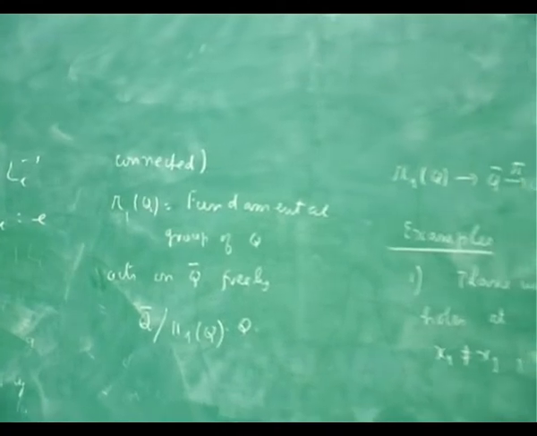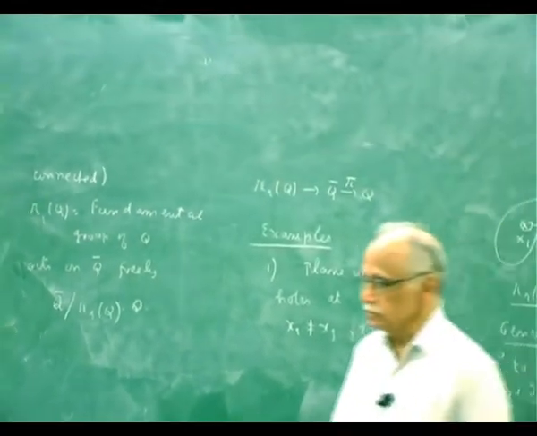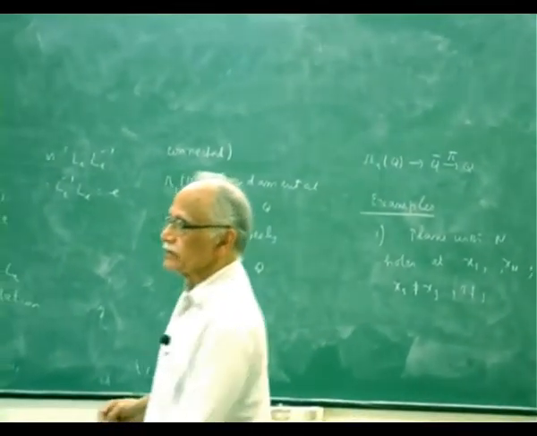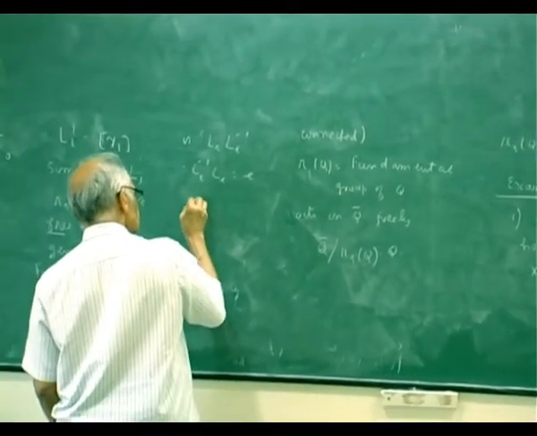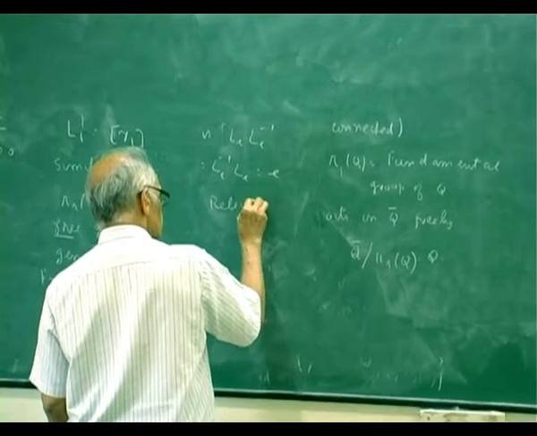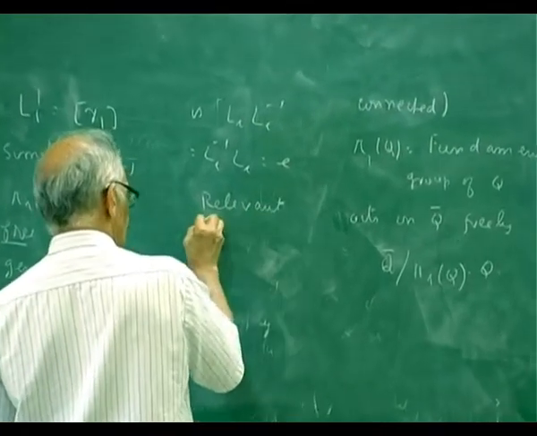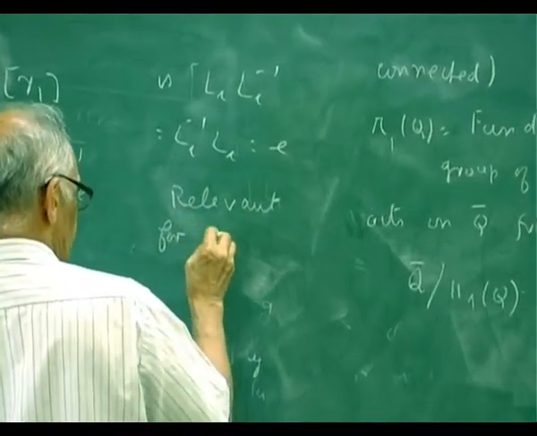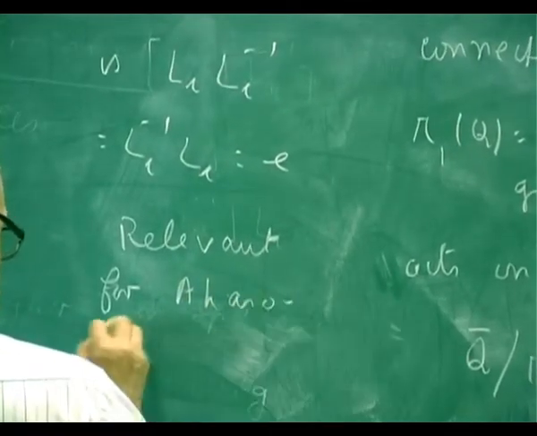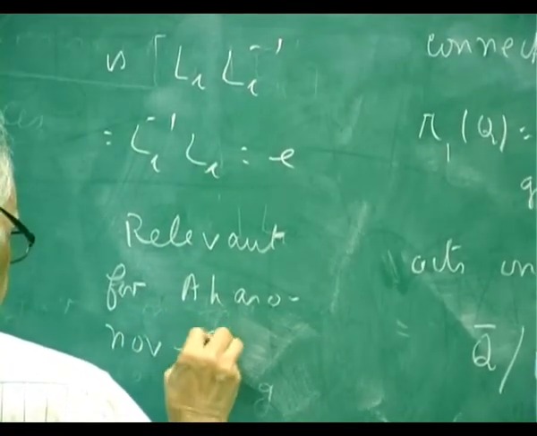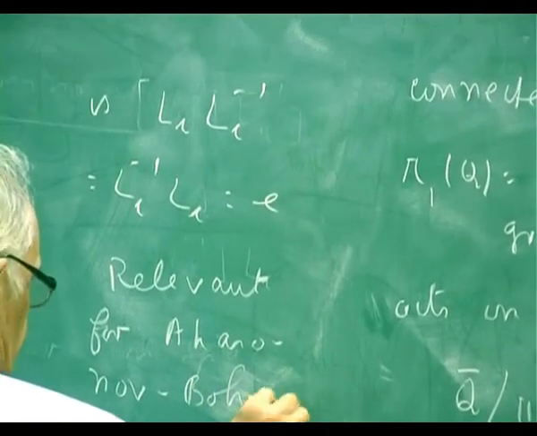This group, the plane with n holes, is clearly relevant if you try doing the Aharonov-Bohm effect.